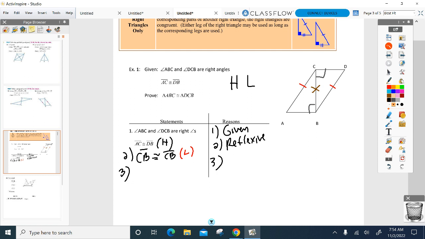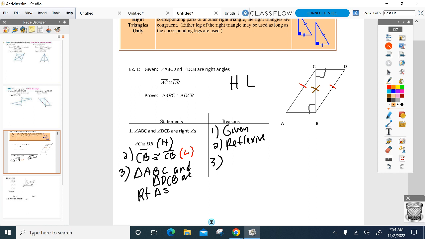But you do need to tell me something that's new for any proof we've done. HL only works for what type of triangles? Right, so you better tell me you have right triangles. In an HL proof, you need to tell me the two triangles you're proving congruent are right triangles. So triangle ABC and triangle DCB are right triangles. What would be my reason? How do you know they're right triangles?